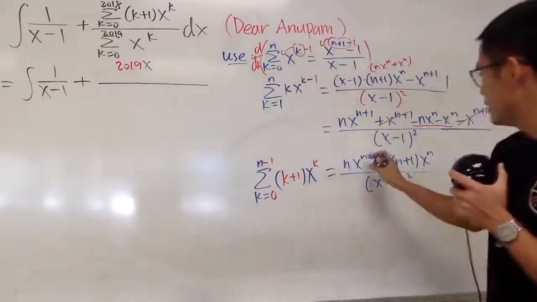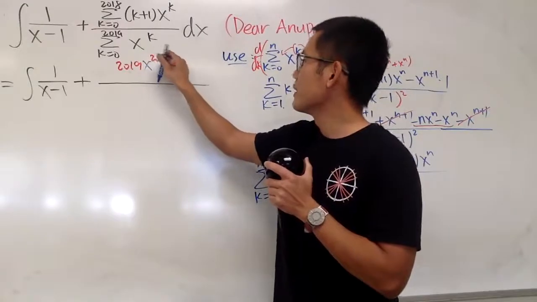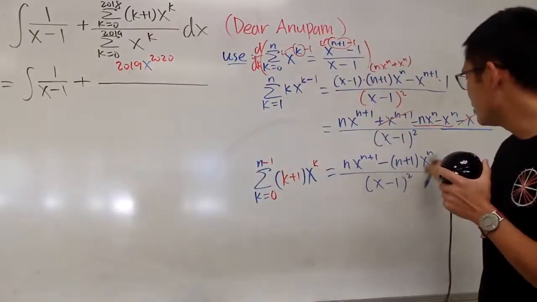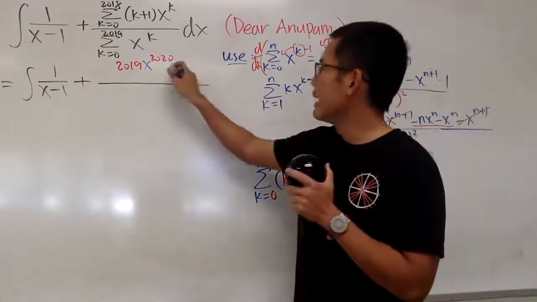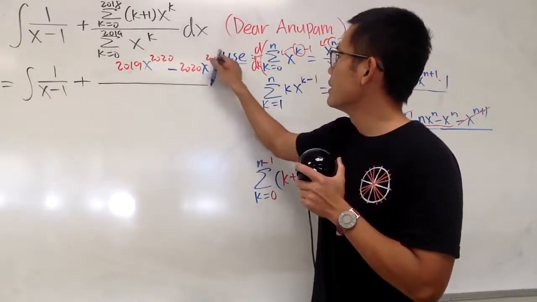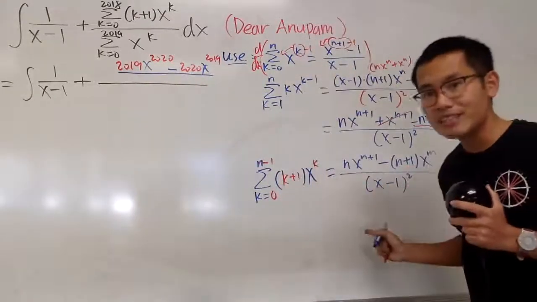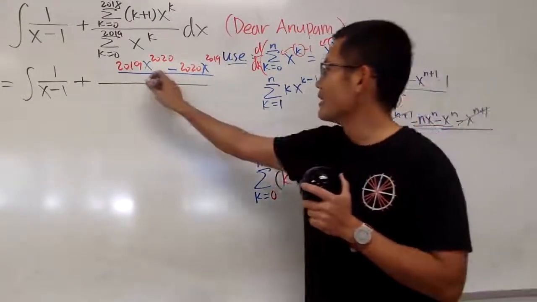X to the 2020, right? Because you just add 1 to it. So it's x to the 2020, and then minus 2020 x to the 2019, over the bottom is x minus 1 squared. So this is what we have.